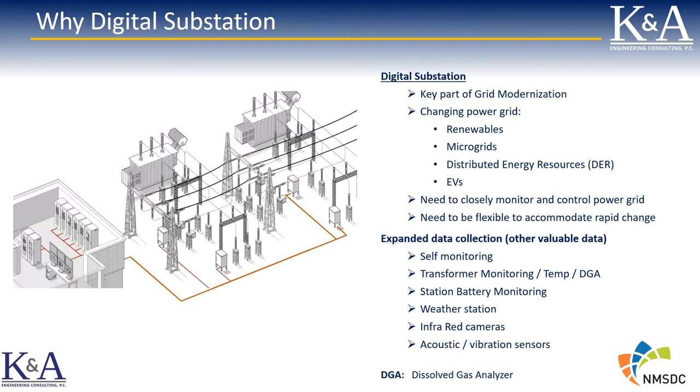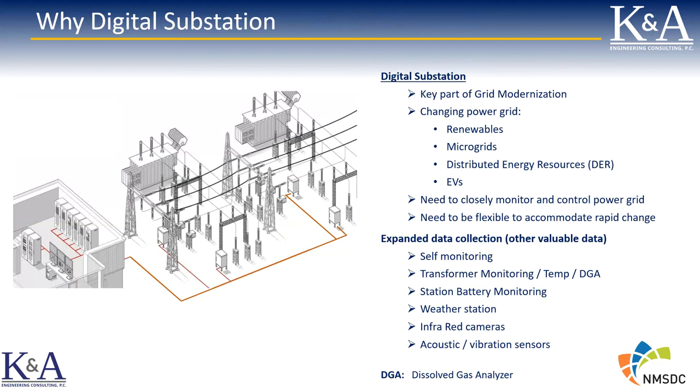There are more and more of them being installed all the time. So this is completely changing the load profiles for most distribution networks, and also at the transmission level in some cases as well.